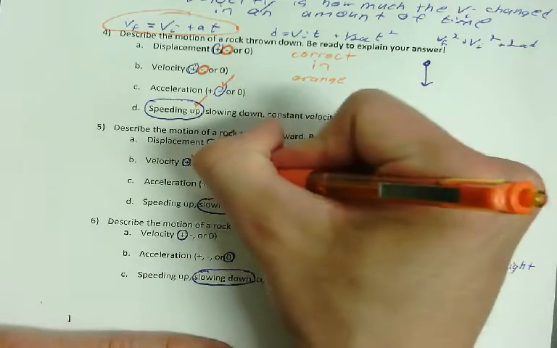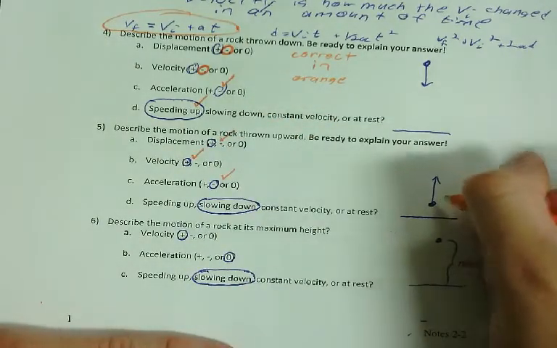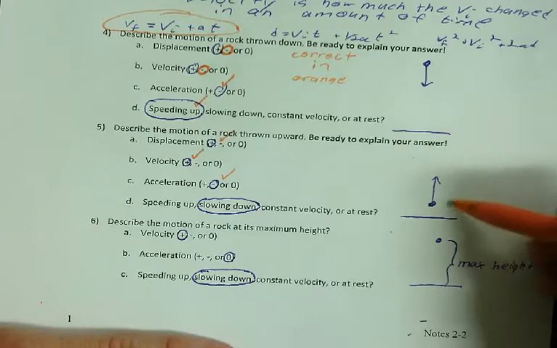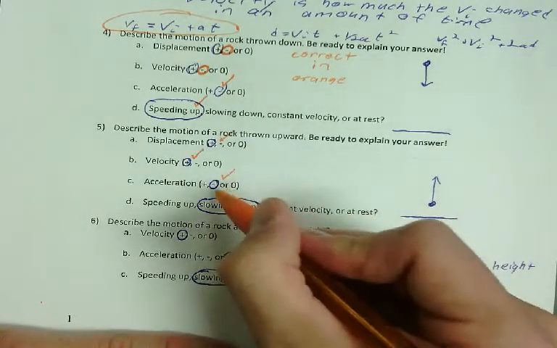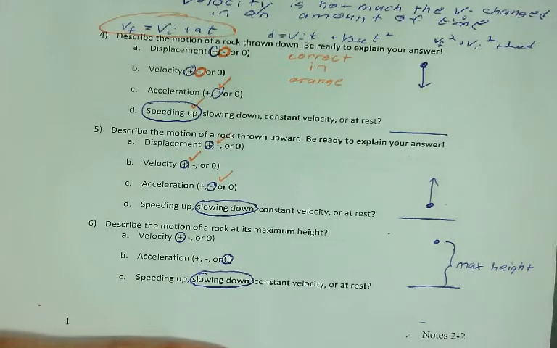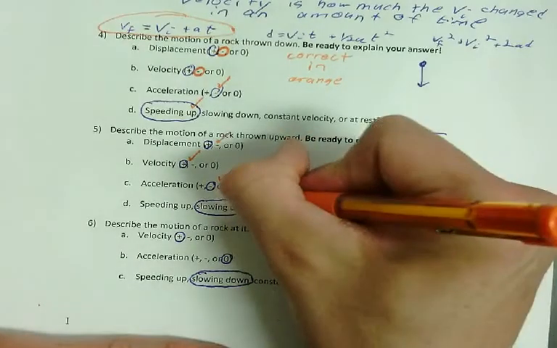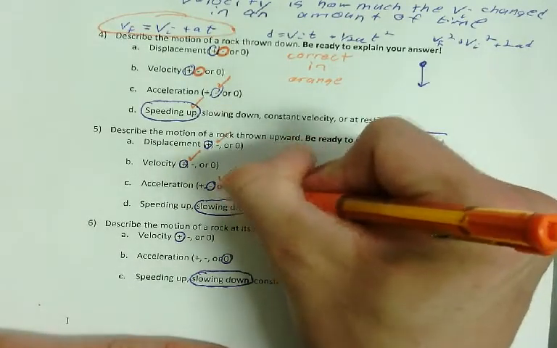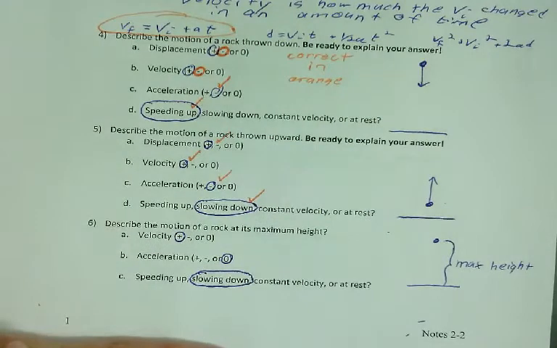Gravity is making the velocity change in a downward direction because gravity always pulls down. So it is a negative A. It's not a positive A. Even though the object's going up, the change is not up. The change is down. And on the way up, it is slowing down. Very good. So as it goes up, it gets less speed.